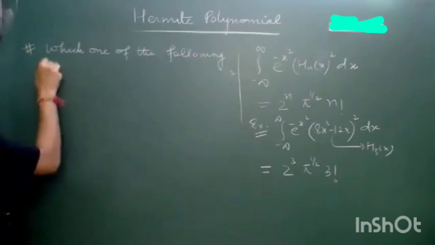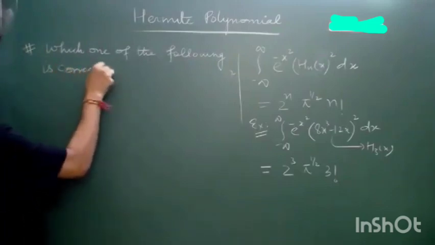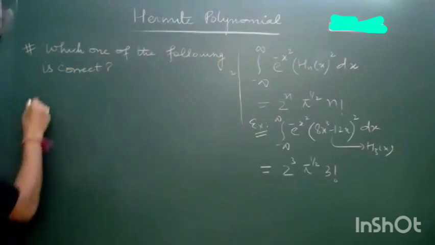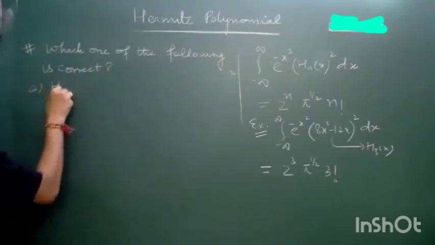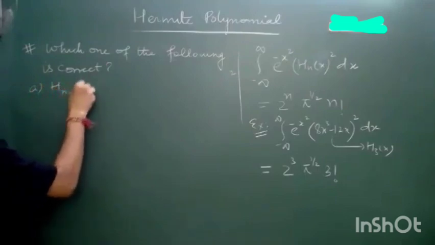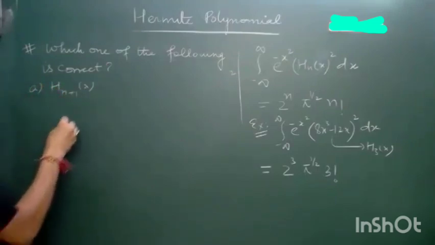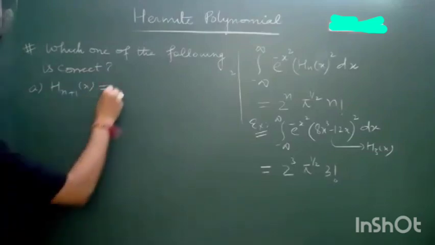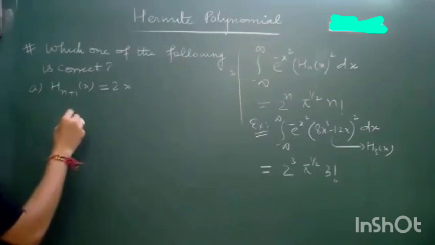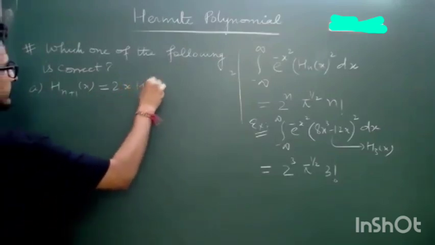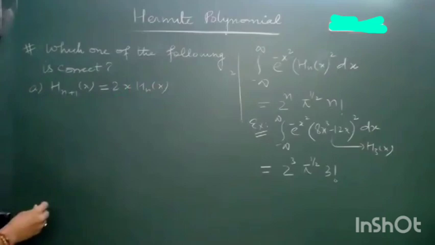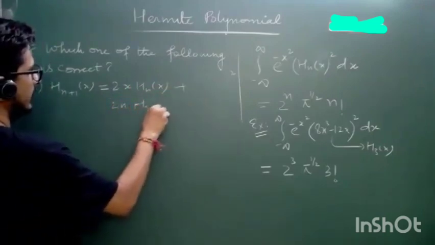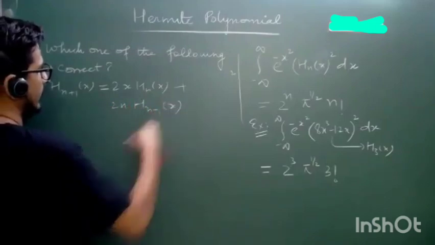A is H_(n+1)(x) is equal to 2x H_n(x) plus 2n H_(n-1)(x).